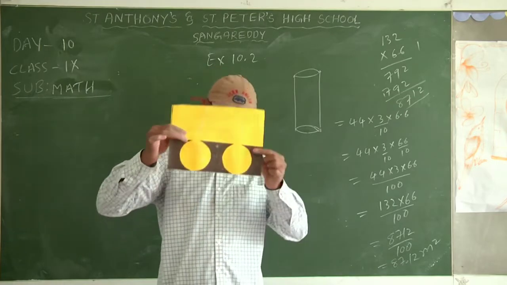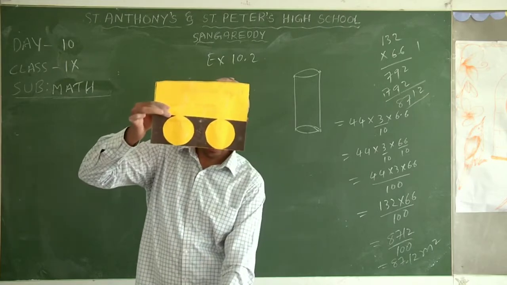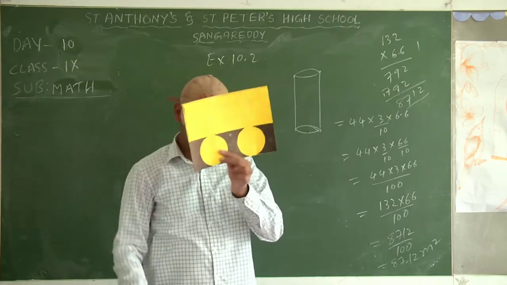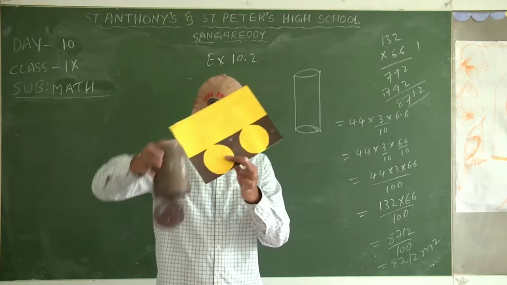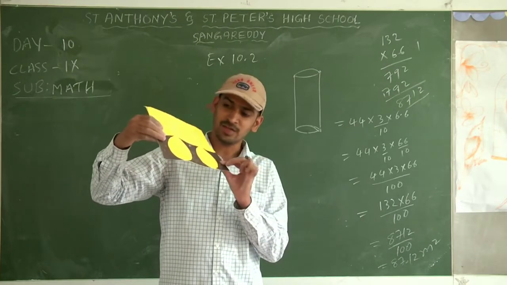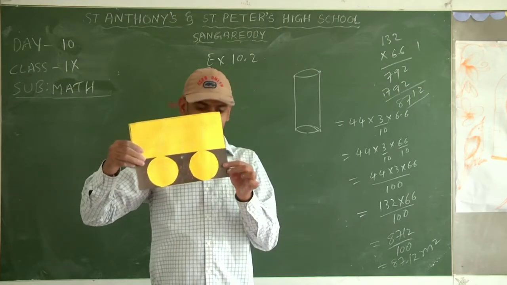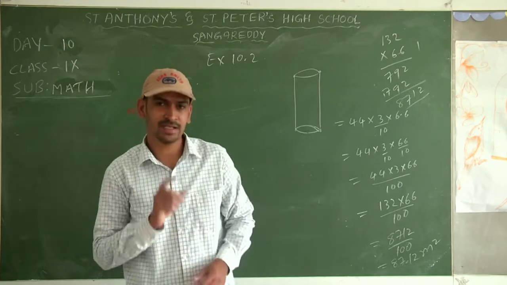For manufacturing, there is one rectangle, one circle and another circle. If you close this, it becomes a cylinder like this. While doing this, some part is wasted. How much waste? 1 by 12th part. So out of 12 parts, one part is wasted.